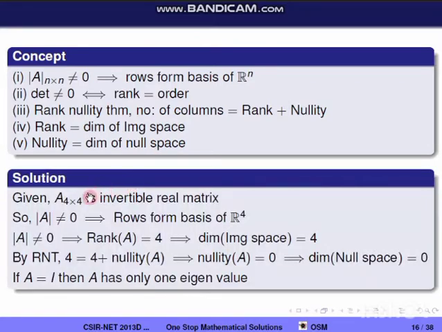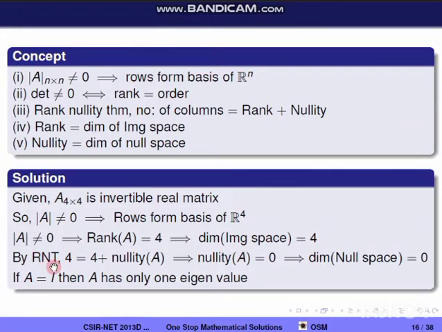So they are given A is a 4x4 matrix which is invertible. Invertible means determinant is non-zero. If determinant is non-zero, the rows form a basis of R power 4. Here the matrix is of order 4. And determinant not equal to 0 implies rank of A is equal to the order of the matrix, which is equal to 4. And we know rank is the dimension of the image space. Therefore dimension of image space is equal to 4.